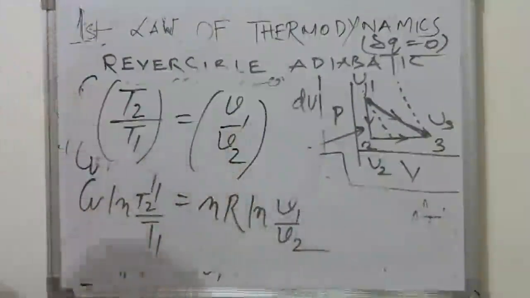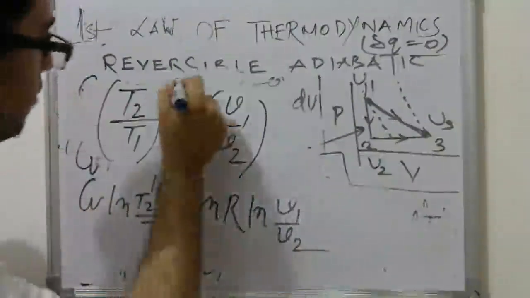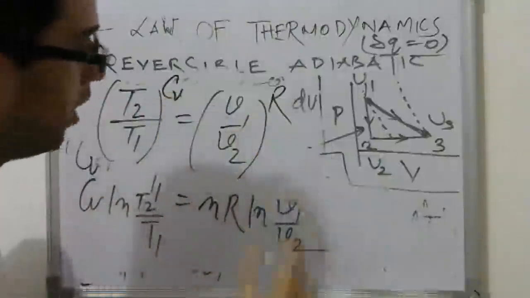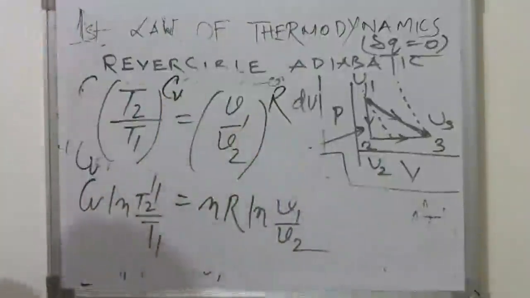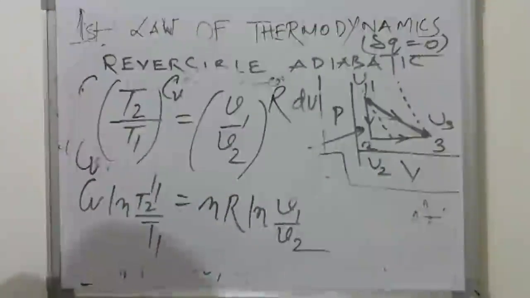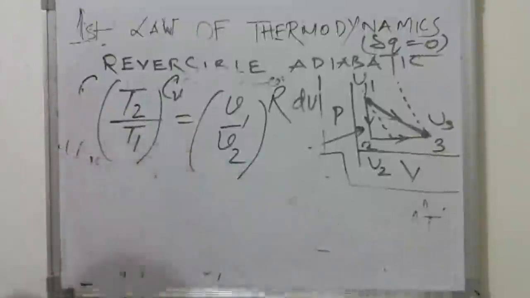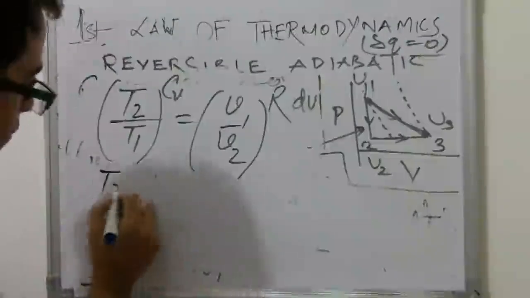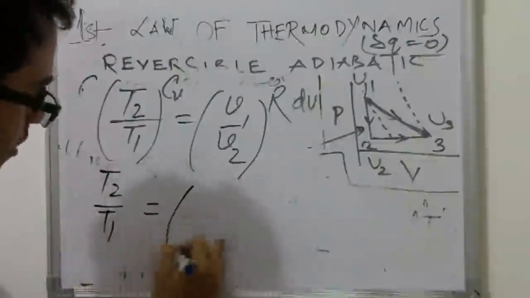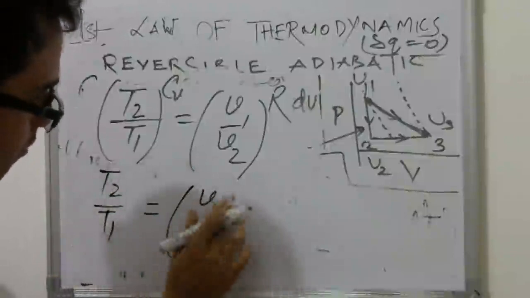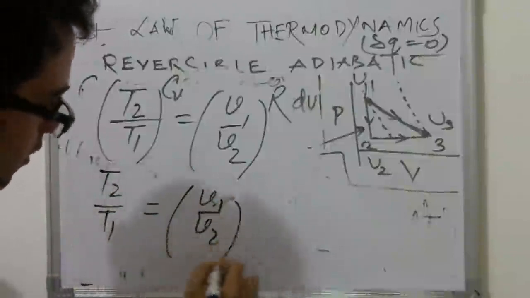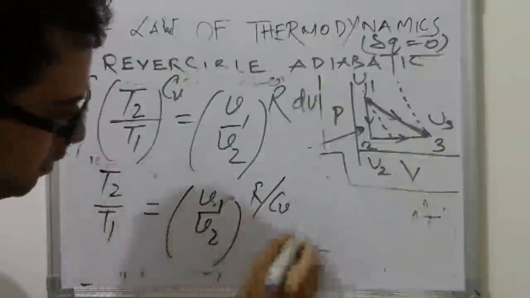Normally it's written as CV, and here goes the R, right? So it's written as a term gamma, and which can be easily replaced by it. So T2 by T1 is V1 by V2 to the power R by CV.